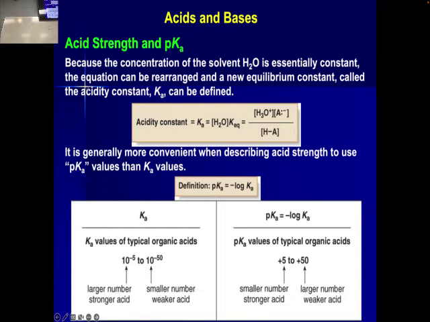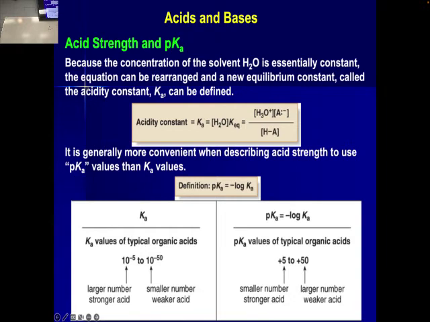Why does it make sense to do that? Because it balances it out. Mathematically, you're right. Both sides of the equation are the same now, right? What we do to one side, we can do to the other. Well, what did we do to this side? We took it times H2O. What do we do to this side? We take it times H2O. That cancels out, and you end up with Ka, right?